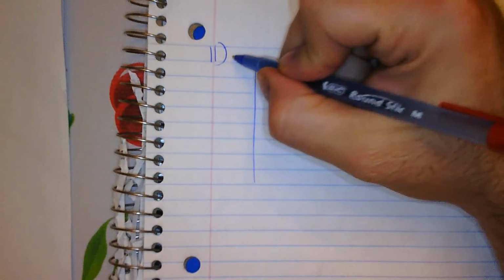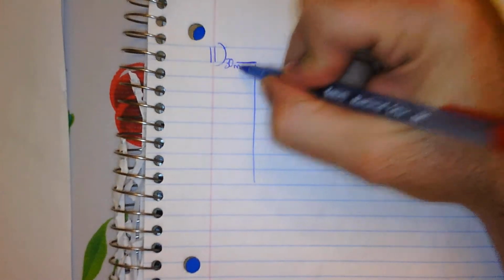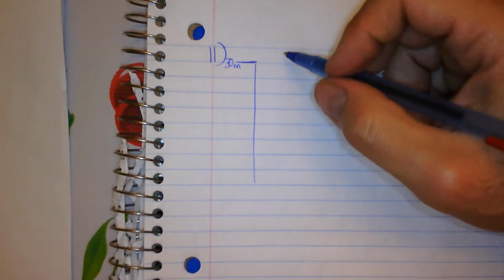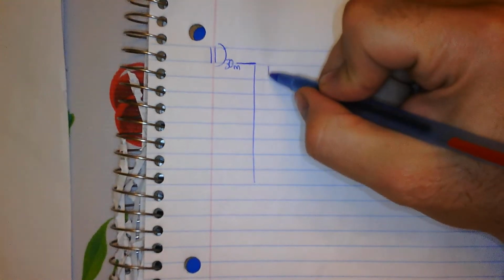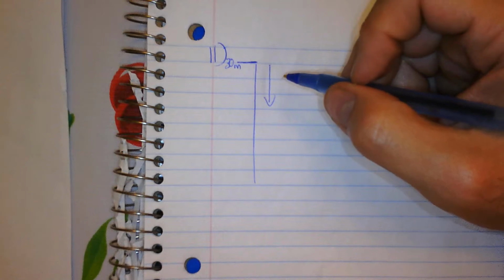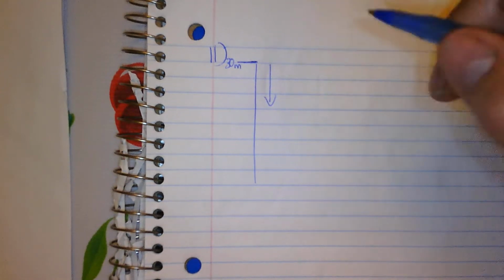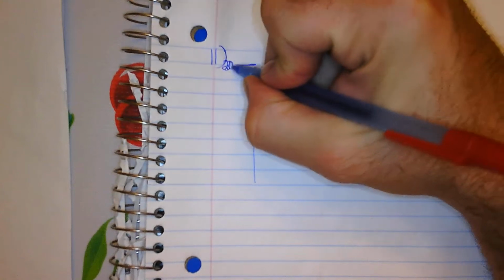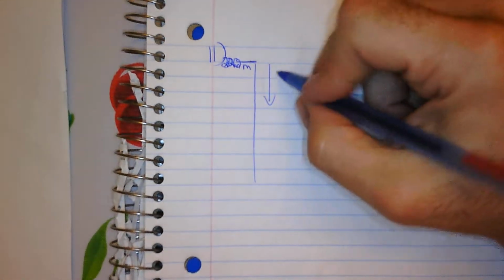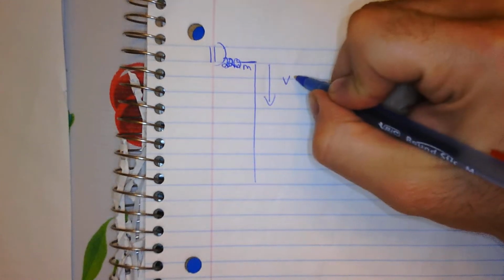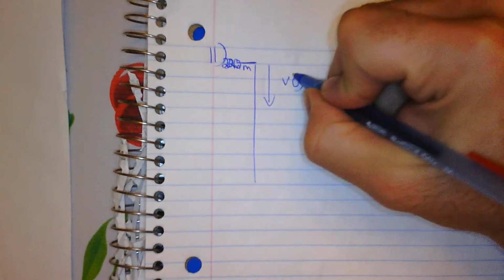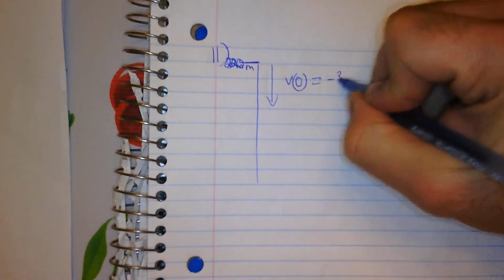And this building is 220 meters tall, we're told. The ball is thrown down with an initial velocity, a velocity at time 0 of negative 30 meters per second. You say, why negative?